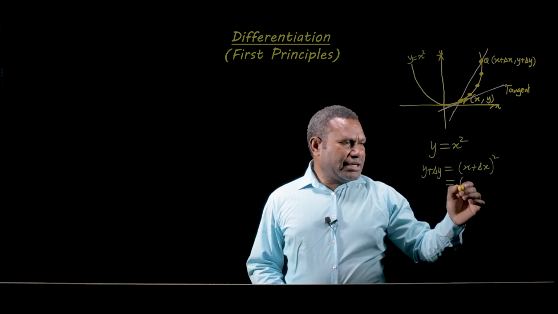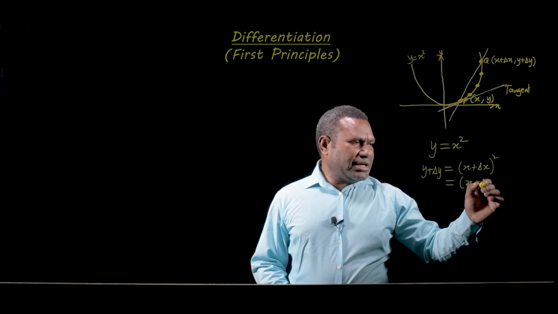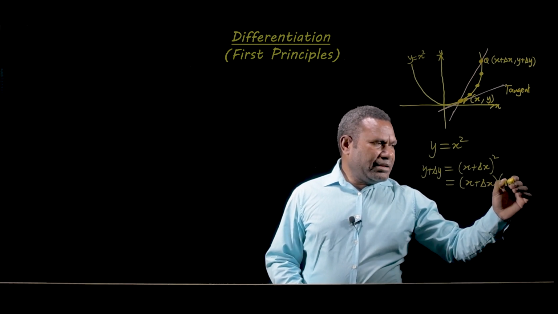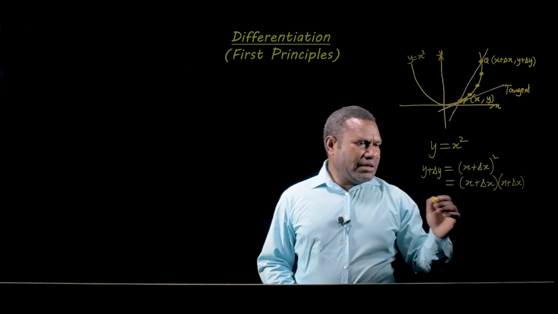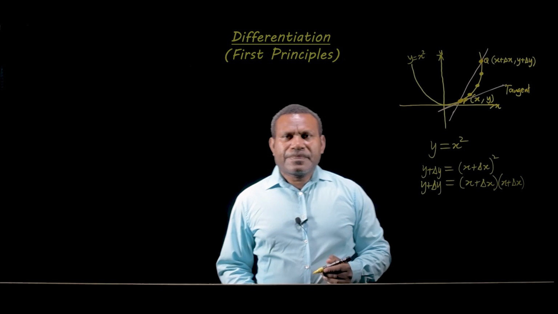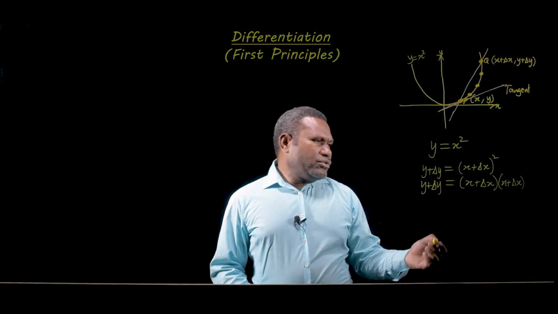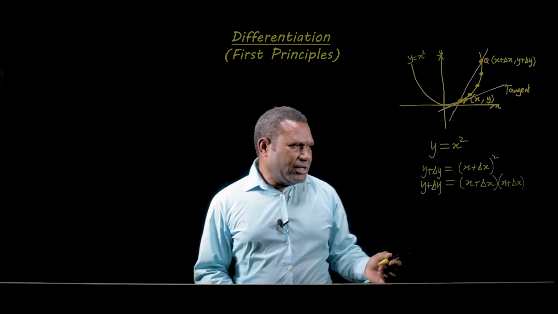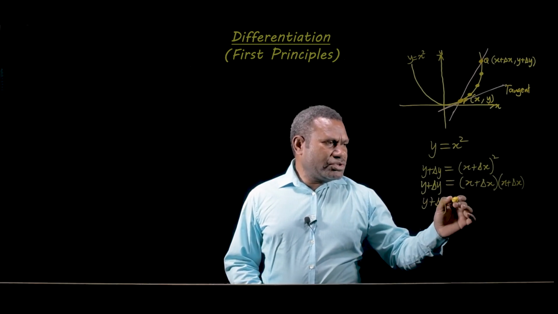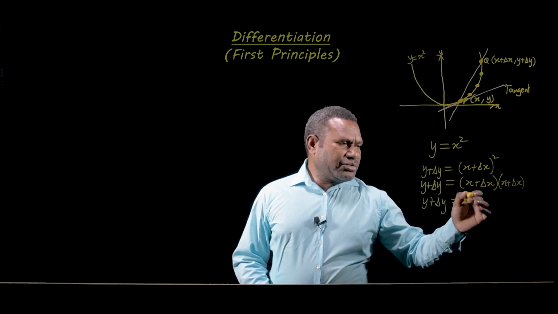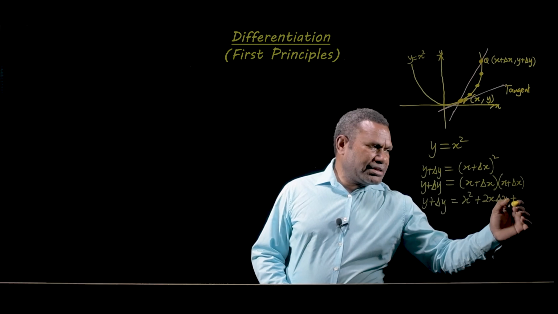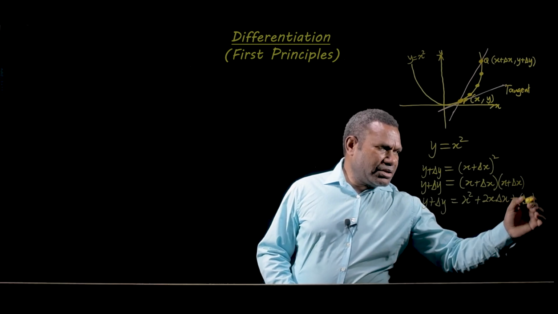So it will be x plus delta x multiplied by x plus delta x. If I fully expand and collect like terms, I will get y plus delta y equals x squared plus 2x delta x plus delta x squared.